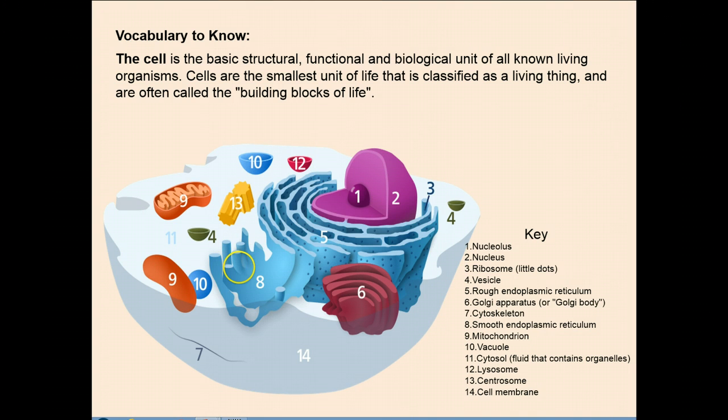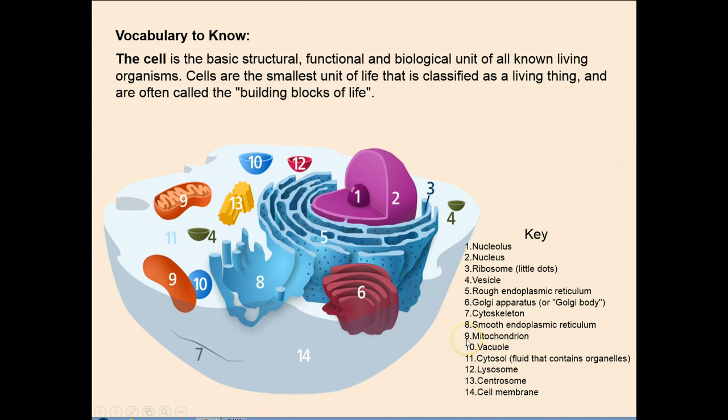It's sort of the finishing or the spiff and polish area that goes on to the shipping department, which we're going to talk about in a little bit. But the shipping department, of course, is the Golgi apparatus.